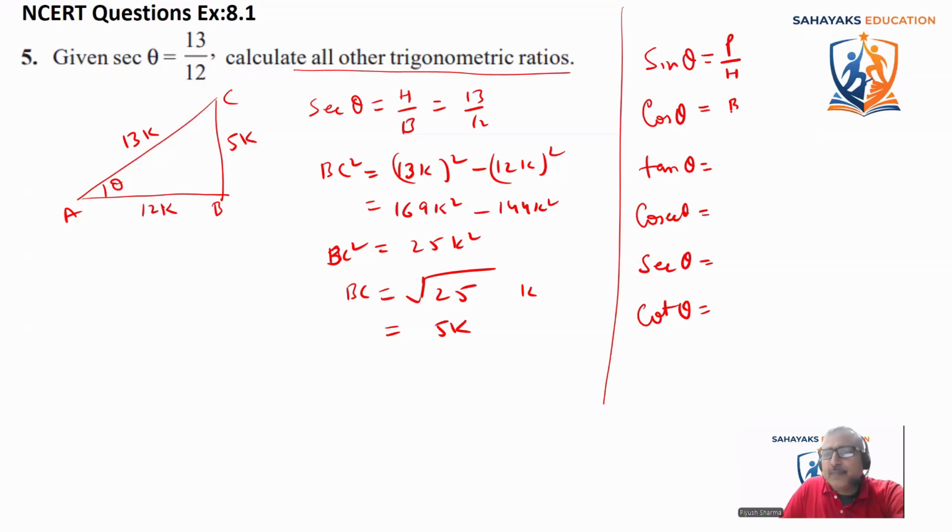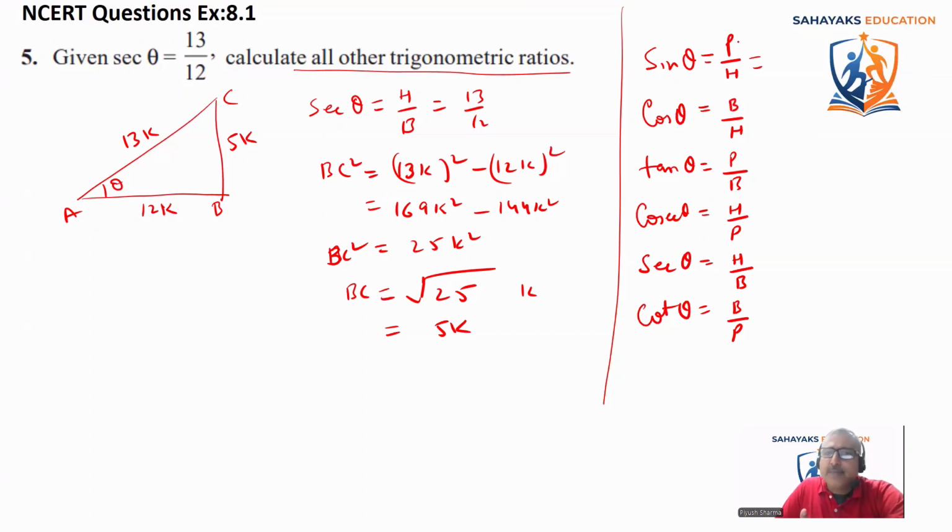This is base by hypotenuse. This is perpendicular by base. Cosec is hypotenuse by perpendicular. Sec theta is hypotenuse by base, and cot is base by perpendicular. Now keep on putting the values and we'll get the answer.